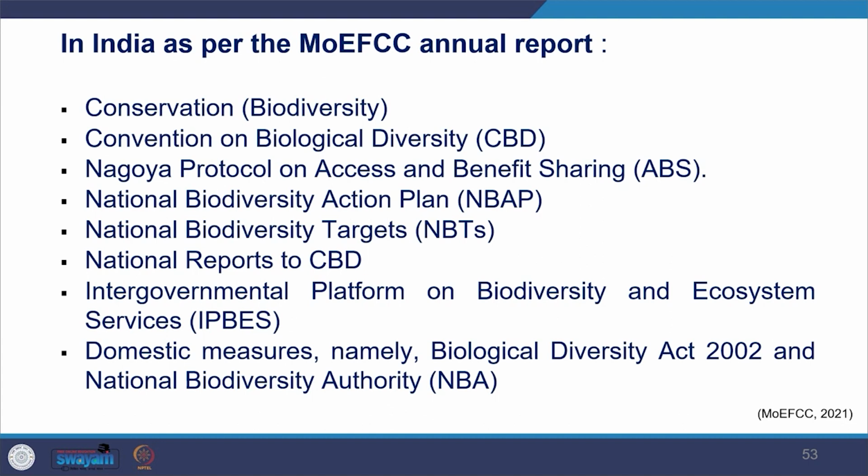So you can see here the Convention on Biological Diversity, which India is part of, and then the Nagoya Protocol on access and benefit sharing, ABS. Then you can see the National Biodiversity Action Plan and National Biodiversity Targets. You have national reports to CBD. Then you have the Intergovernmental Platform on Biodiversity and Ecosystem Services. Domestic measures include the Biological Diversity Act 2002 and the National Biodiversity Authority (NBA). All that you see in the provisions shows how we align our things with the global requirement.